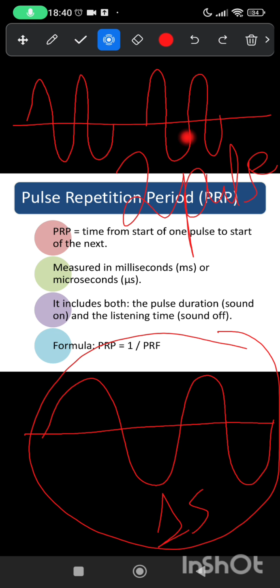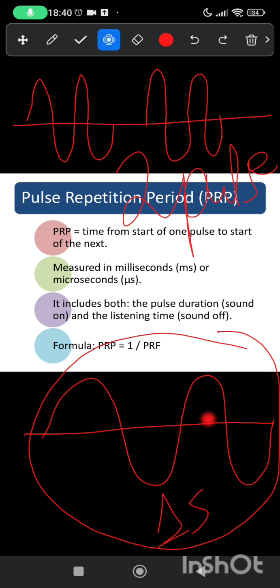We can define it as the time one pulse takes, or we can say the time from start of the one pulse to the start of next pulse, or the total time one pulse takes. Both are the definition of pulse repetition period. And when more number of pulses, the time between them is obviously reduced. When less number of pulses, the time one pulse gets increases.